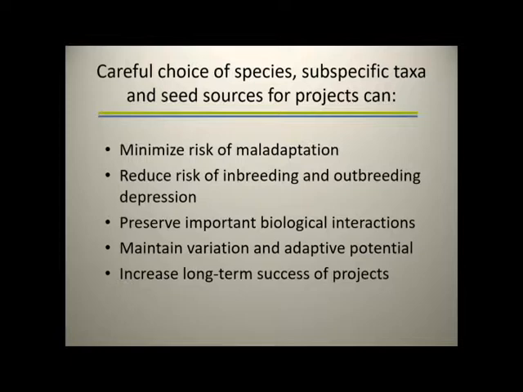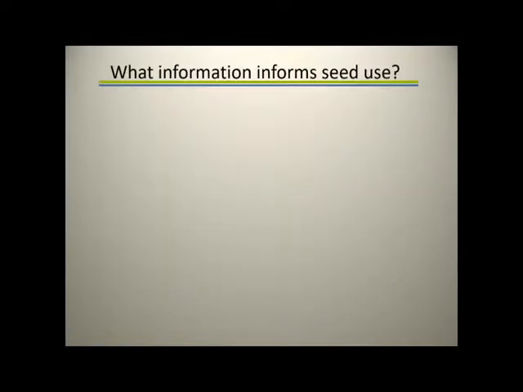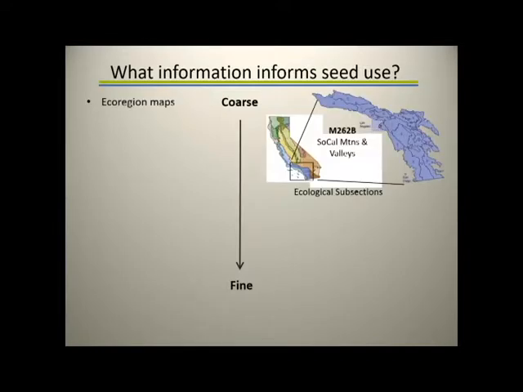And so what sorts of information have we traditionally used to inform seed use? Well, from very coarse to fine, we have things like those ecoregion maps. And this is just showing a blow up of the Southern California mountains and valleys area, where our section is further subdivided with lots of different changes in elevation and temperature and rainfall, even within that.